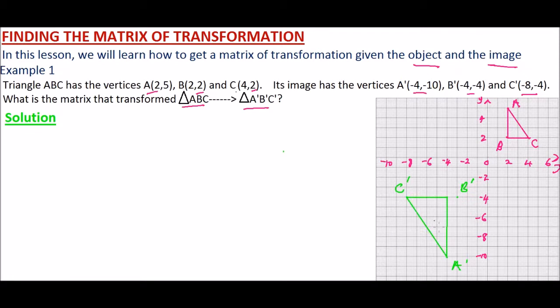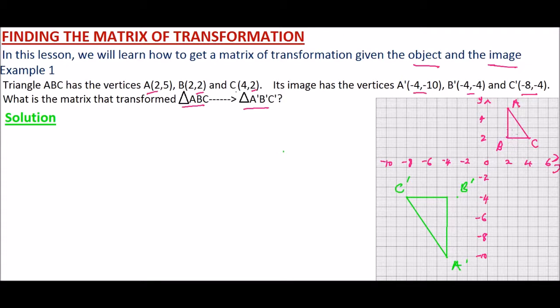Now this is the image of that triangle under a certain transformation. And by observing, you can say this is an enlargement. If you count the length of AB, that is 1 2 3 4 5 6.